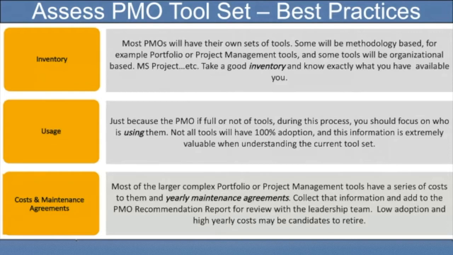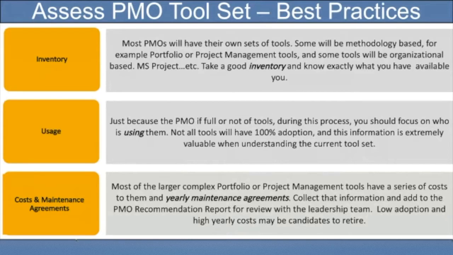And then on top of that, look for maintenance agreements. Look for how much these tools are costing. Are they monthly? Are they yearly? What are the costs? Because you want to look at adoption, you want to look at costs, and you go, hey, there's some potential retirement opportunities. All of that information will go into the PMO recommendation report.